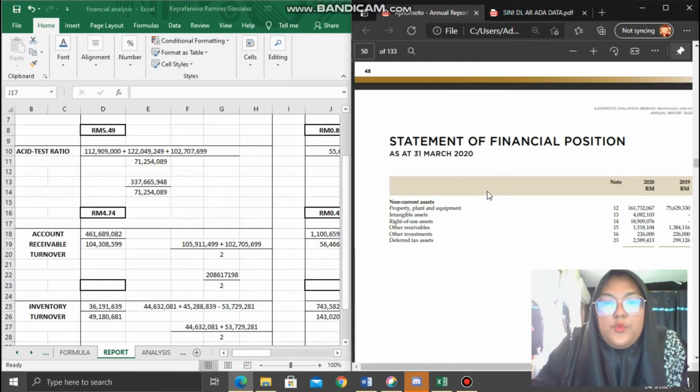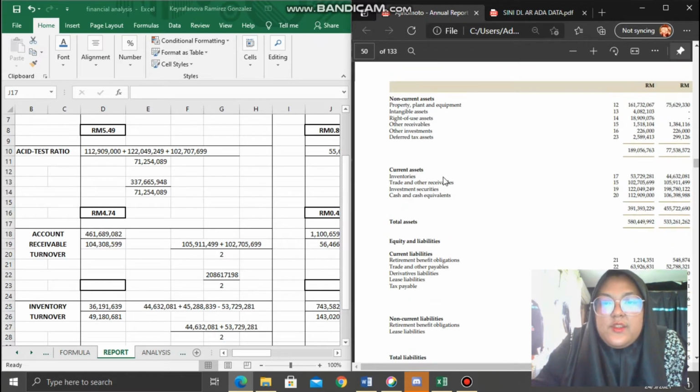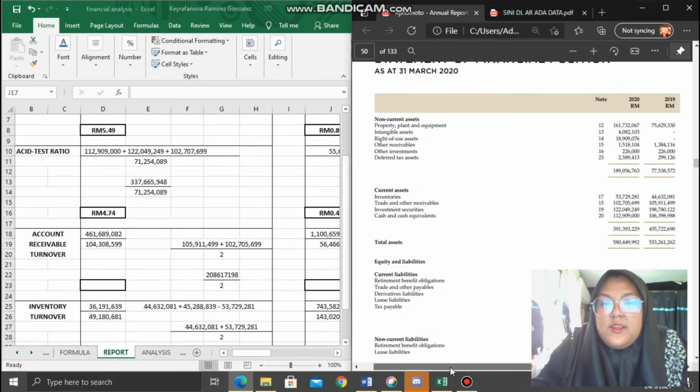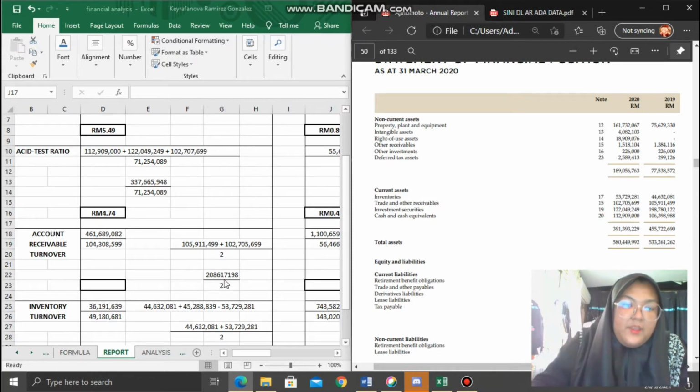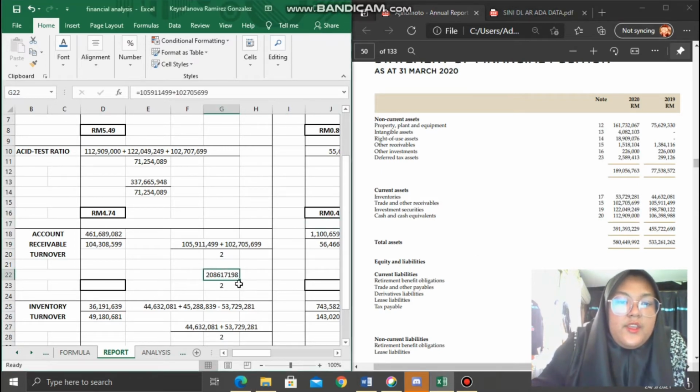And then for the account receivable, we can see here the ending for 2019 is actually the beginning balance of account receivable for 2020. So now we just add 105,911,499 with 102,705,699, and we get 208,617,198, and we divide it by 2.